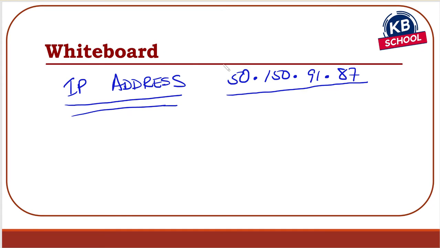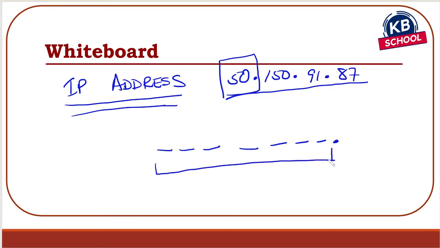So this number that you see over here, that 50, is broken down into 8 bits. The actual computer processes it in a block of 8 bits, also known as a byte. And from the perspective of the IP addressing, this is 8 bits, which is also known as an octet.